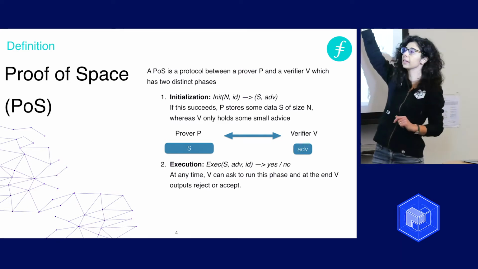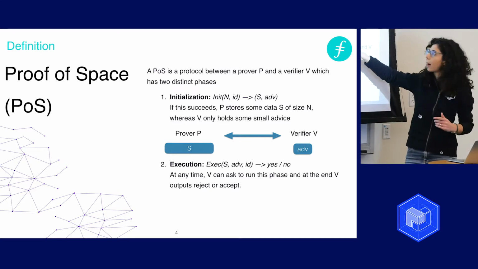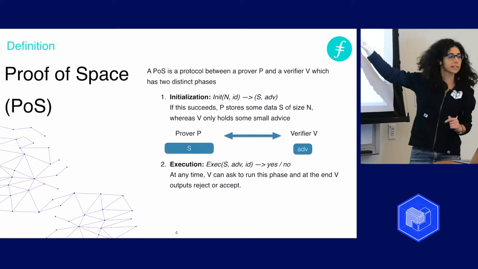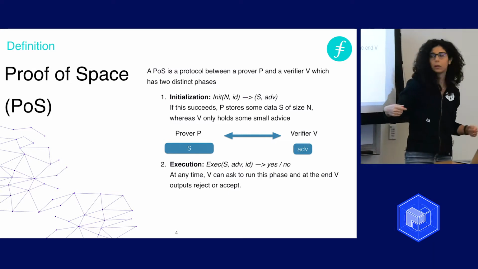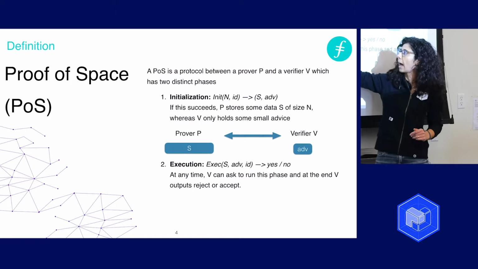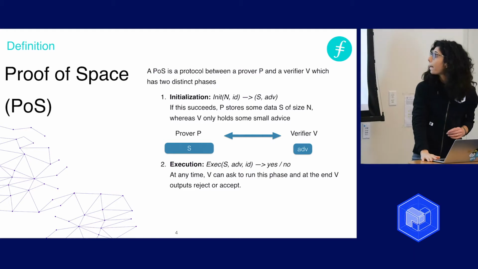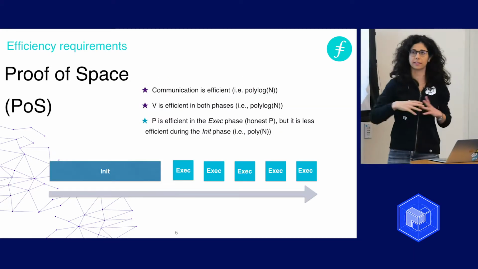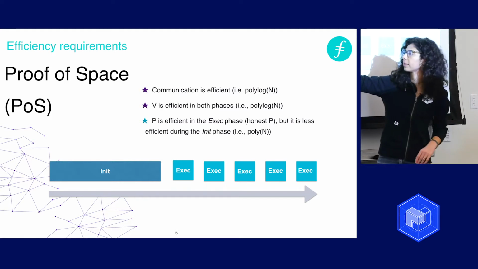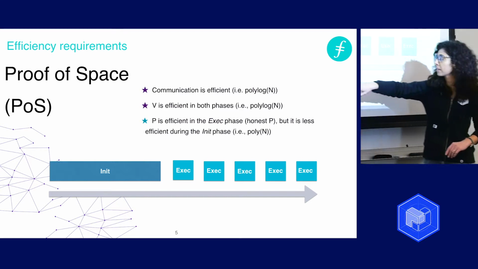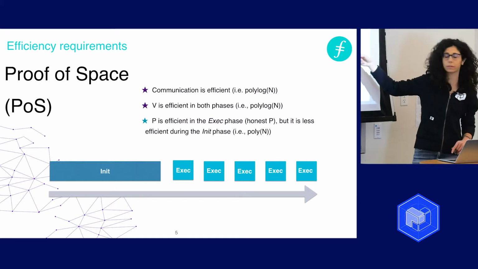When we are done with this, we can have this execution phase to repeat every time. This is the real verification, the real proof, where the verifier, just using this advice, can check that the prover is actually still storing persistently in time this long filler S. If you think about this over time, we have this heavier part that is initialization, and then through time prover and verifier repeat this execution phase.